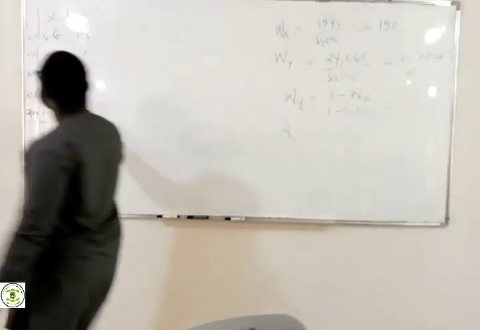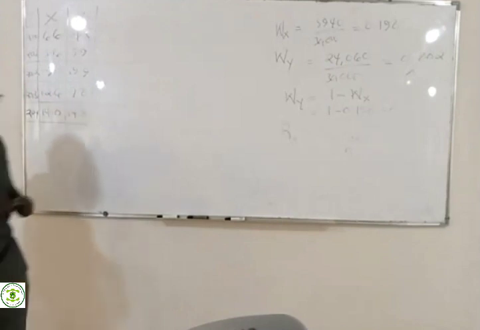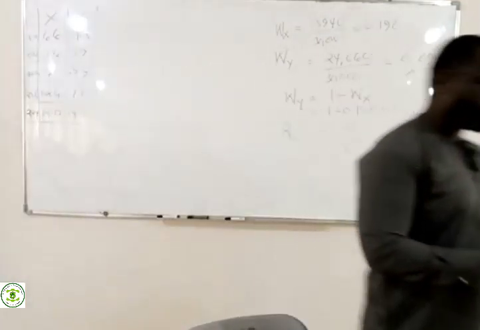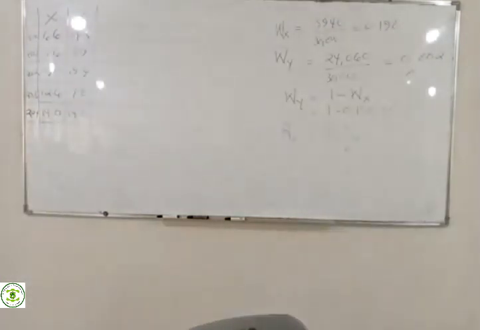So what is the total? 5.6 plus 5.6, 6.6 plus 5.6 minus 9 plus 12.6 plus 14.6. What is the total? 29.8.